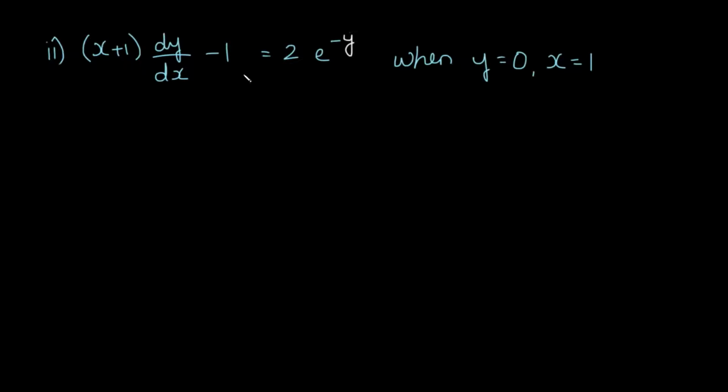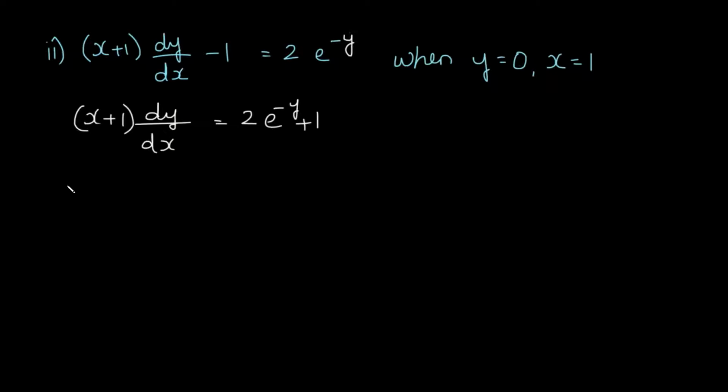So we will just rearrange these terms this way, that is (x + 1) dy/dx is equal to, that minus 1 we will take to the RHS first of all. So 2e raised to minus y plus 1. Now what we can do is take the y containing terms, that is the RHS, along with dy, and the remaining terms will remain along with dx.